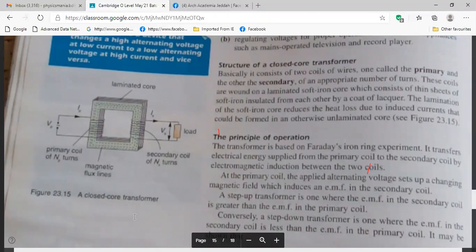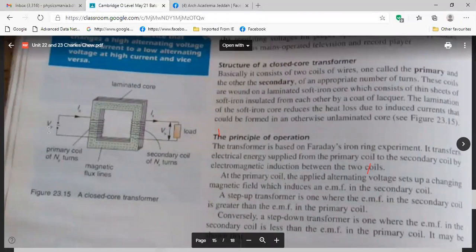So power equals voltage into current. Using that idea, we can get the formula here. Power in the primary equals VpIp, right? Yes. And power in the secondary is VsIs, right? Power in the secondary is VsIs.